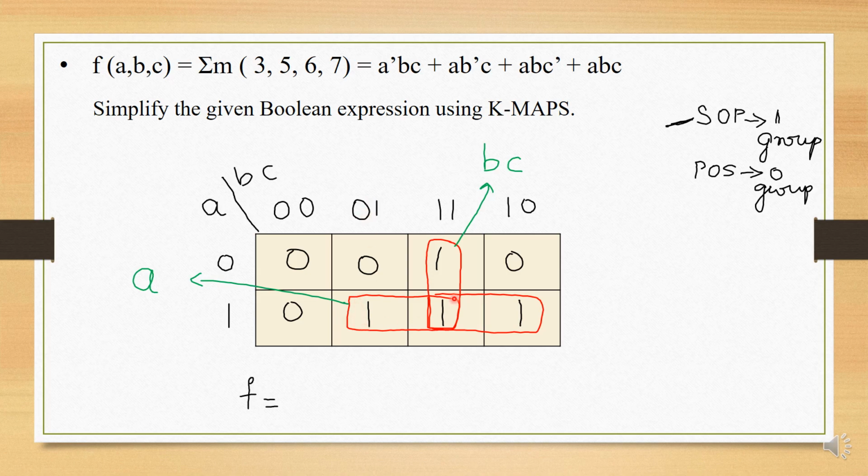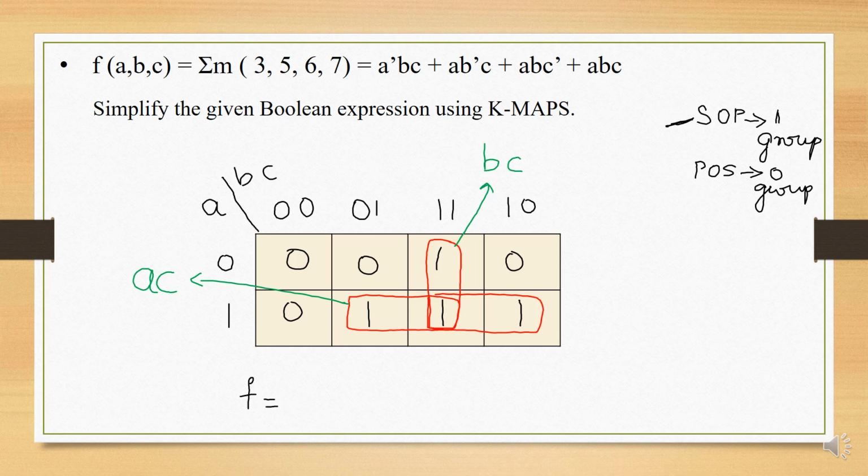Since this pair is occupied by these two columns, we need to look at both values here. We have 0, 1 with respect to BC, and 1, 1 with respect to BC. You need to consider the variable with a constant value. So we have a constant value of 1 for variable C. As the constant value is 1, we write the variable as C. So the product term for this particular pair is AC.